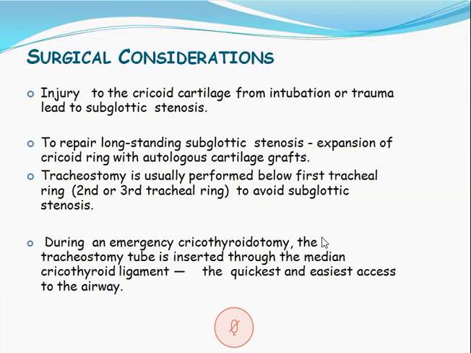The tracheostomy that we perform should be done below the first tracheal ring to avoid subglottic stenosis. During an emergency cricothyroidotomy, the tracheostomy tube is inserted through the median cricothyroid ligament or cricothyroid membrane, that is the quickest, easiest access to the area.